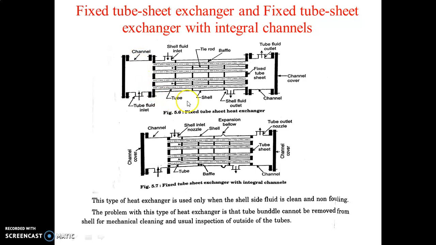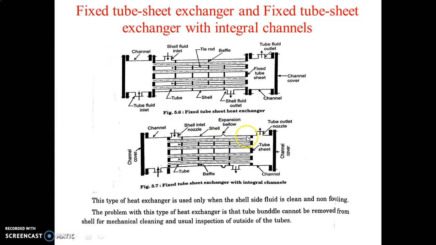And the channel and the channel cover. So this part is called a channel and this part is called a channel cover. These are also provided at the end of this heat exchanger. Then in this other variation, the channels may be welded with the tube sheet.